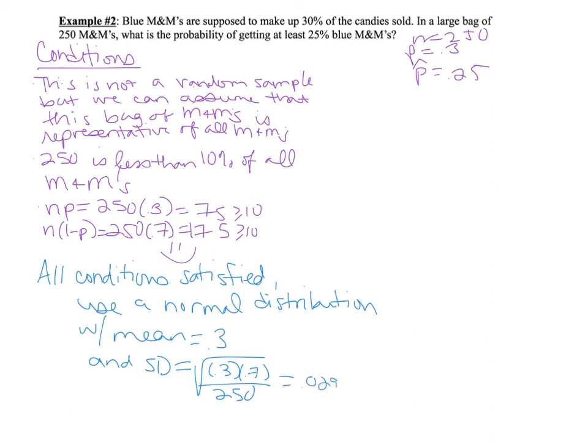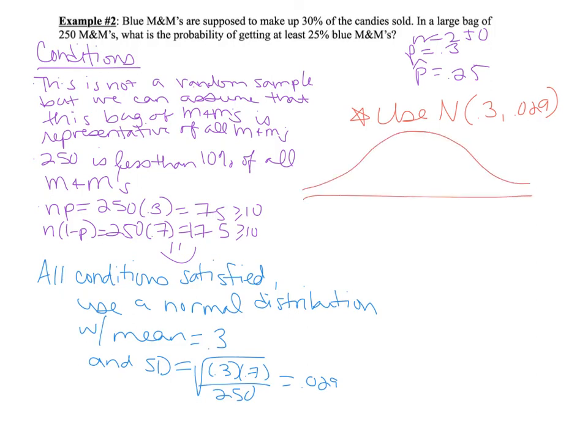Now, rather than writing out that whole thing, I'm not sure if you have seen this before, but you can also say use N, that means normal model, of 0.3, 0.029. That also is a way to show that you're using a normal model. Just make sure that you show the work as to how you got that 0.029, but you're welcome to do that. So I'm going to draw a quick sketch.